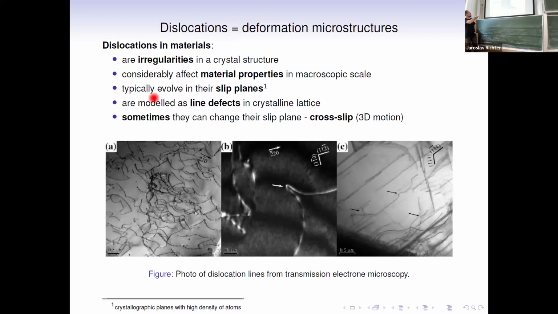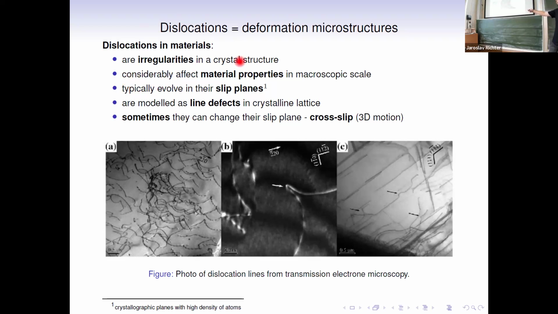What is known from experiments is that they typically evolve in so-called slip planes, which are crystallographic planes given by a particular crystal configuration. So the movement is not arbitrary, but a planar type of motion.